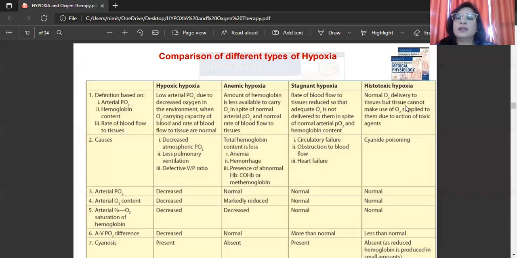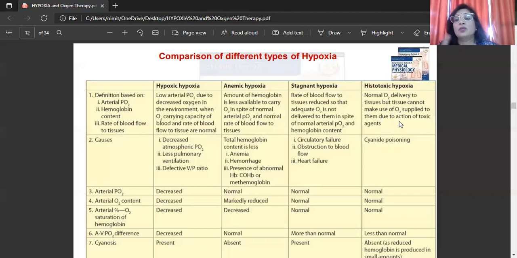And in histotoxic hypoxia, normal oxygen delivery is there to the tissues, but the tissues cannot make use of the oxygen supplied to them because of the action of a toxic agent.